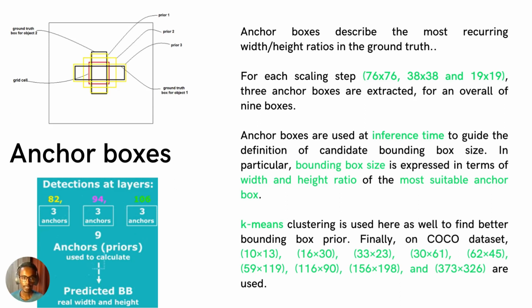As we have seen in the YOLOv3 video, we used k-means clustering to find the initial anchor boxes. So these 9 anchor boxes are selected by using k-means clustering on the COCO dataset. And you can watch that video in order to understand how these anchor boxes are going to be selected.